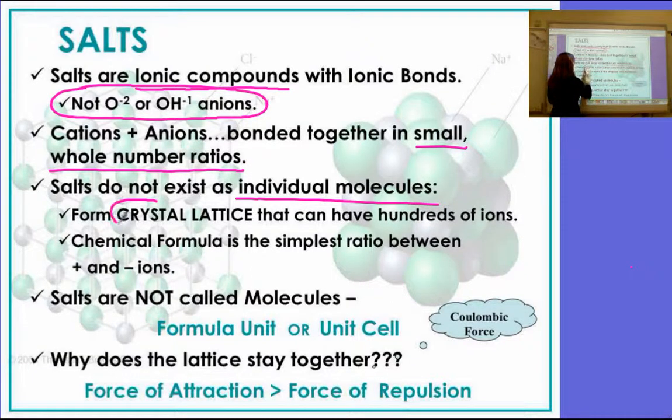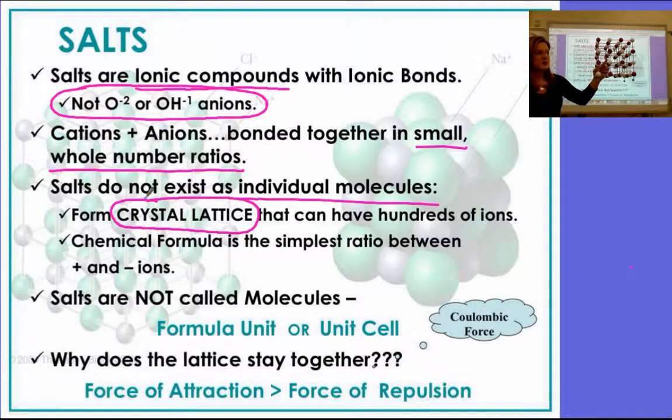They form this big structure called a crystal lattice. Crystal lattice looks like this, if you can see that. If not, I'll show it to you again when we come to class tomorrow. It has red and white ions, this is exactly table salt, that form together in a nice little structure of the different ions.